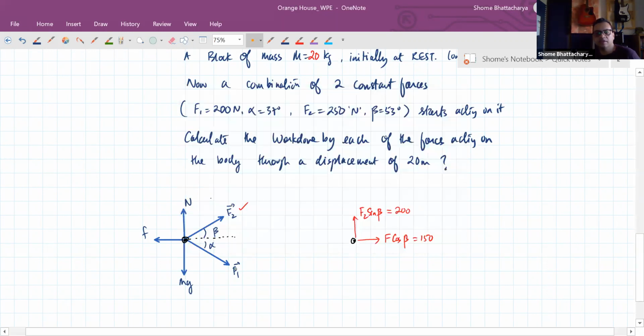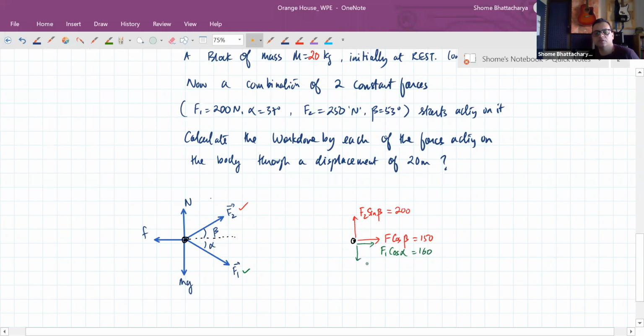Now similarly, F1 will break into components. So this component will be F1 cos alpha. So that will become how much? 200 into 4 by 5. So that will be 160 newtons. Okay.